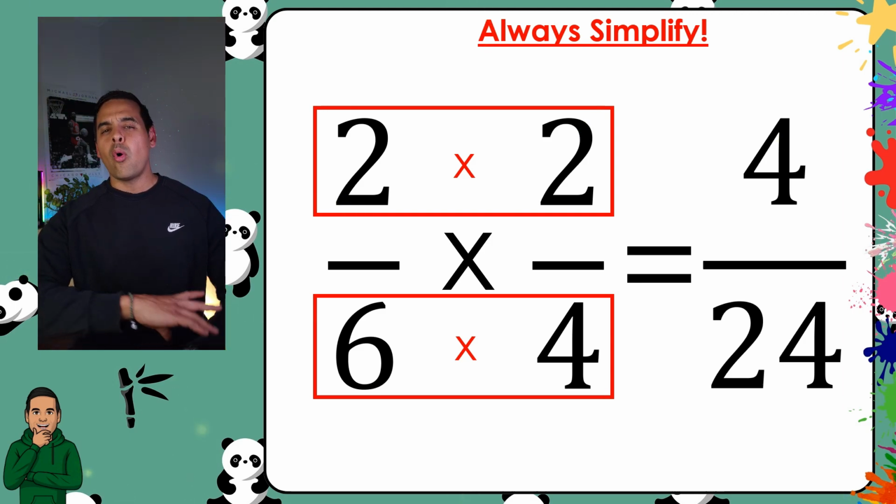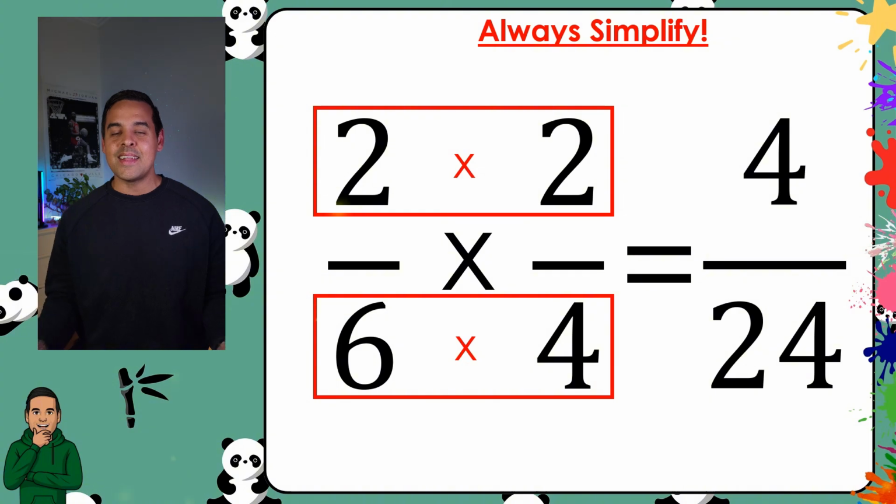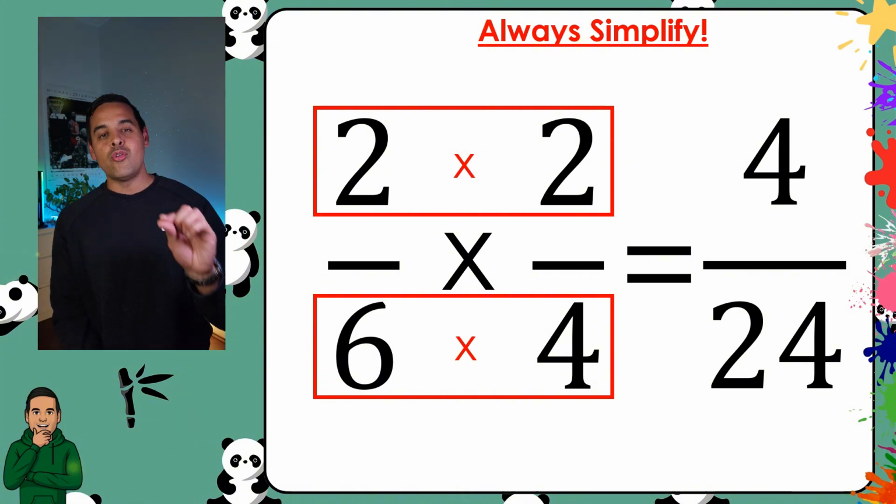So you might go through all that hard work, show that you understand it, and either get the answer completely wrong or only be given half the marks from your original test paper, because this is not the simplest fraction that this fraction can achieve. So you need to find the highest common factor here, the largest number that can be evenly divided into both numbers.